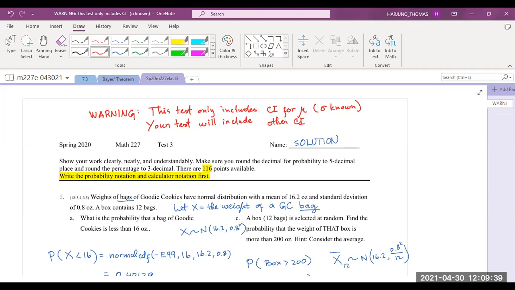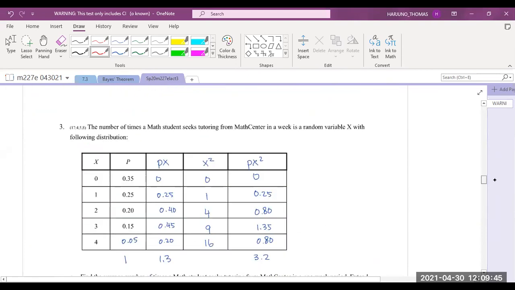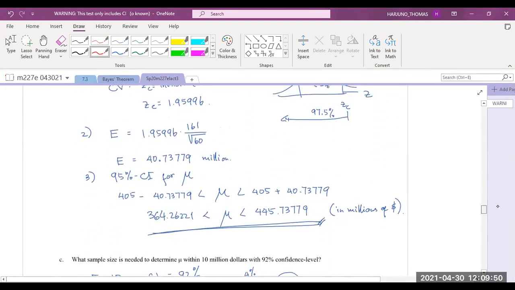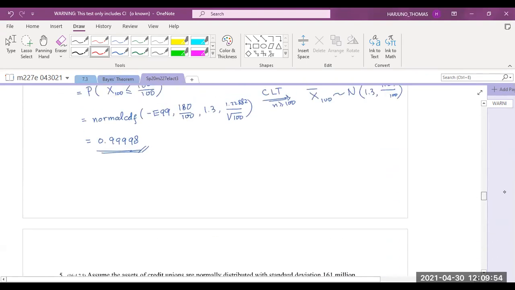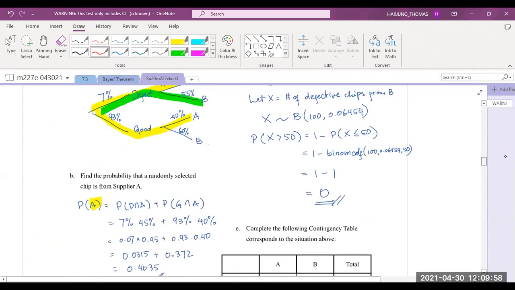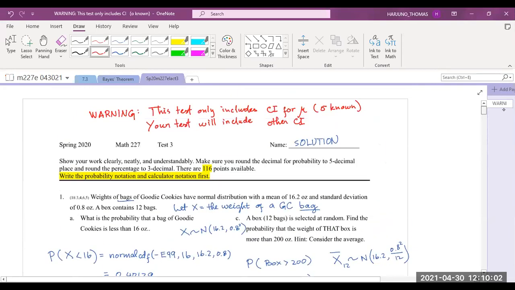I somehow think we had a confidence interval for chi-square. Did we? No, we don't. We don't have a confidence interval for variance. So the difference between the Spring 20 tests and Fall 20, I believe, is there.